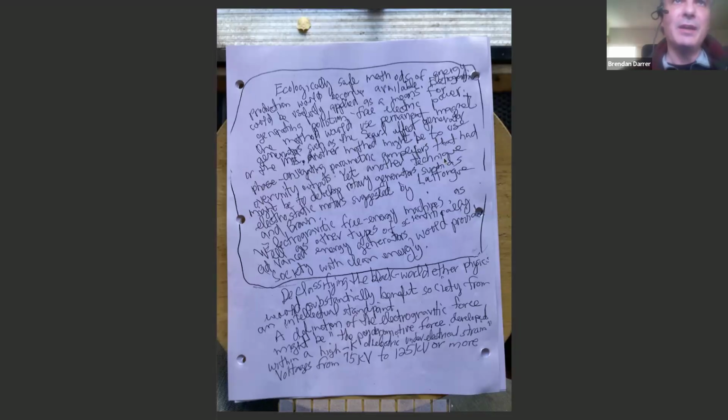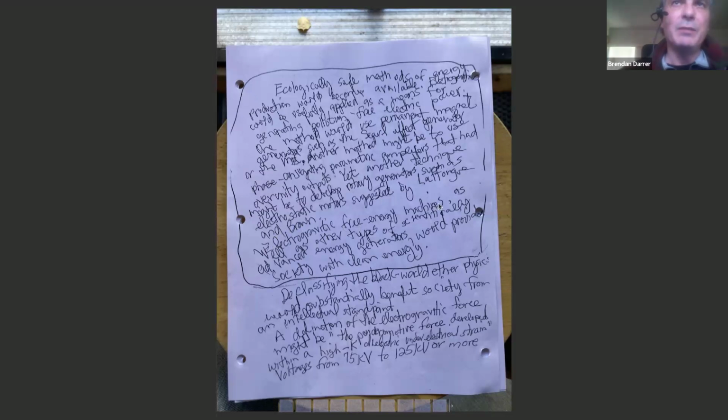Yet another technique might be to develop rotary generators, such as electrostatic motors suggested by LaForge and Brown.